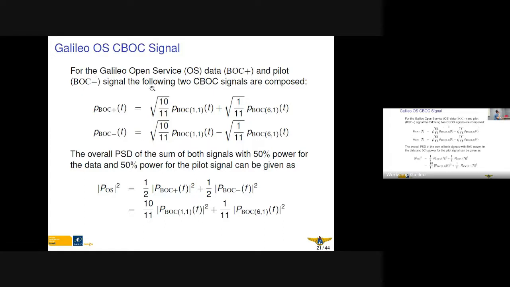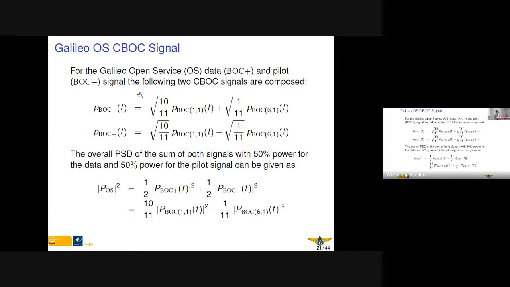They're built now as two composite BOC signals, and we build the BOC plus, which is a composite BOC of a BOC(1,1) and a BOC(6,1), and we also have the BOC minus, which is the pilot signal, is a BOC(1,1) minus a BOC(6,1).